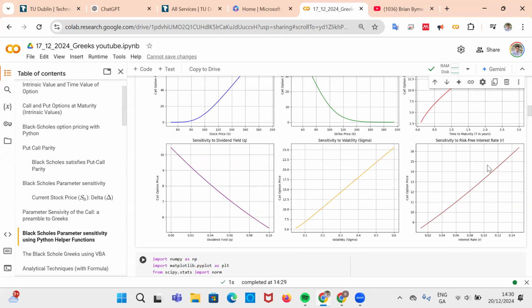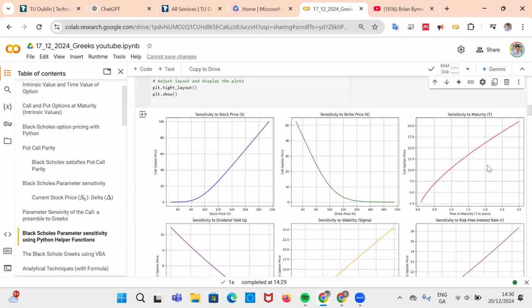Okay, now what the Greeks do by extension is they provide us with, in each instance, the level of change with respect to the underlying or with respect to the exercise. It can vary substantially. For instance, here, when we increase the stock price, the value of the option goes up very little, but up here, an increase in the value of the underlying increases the value of the option almost 1-for-1.